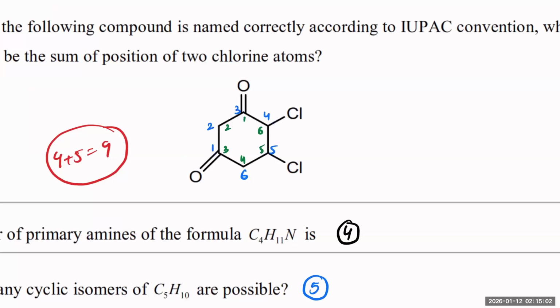Correct? Clockwise from that upper O. But ketones are functional groups, beta, and that should be given high priority. They should first get the lowest locants. So either you have to go like this or you have to go like this. Okay, sir. Okay.